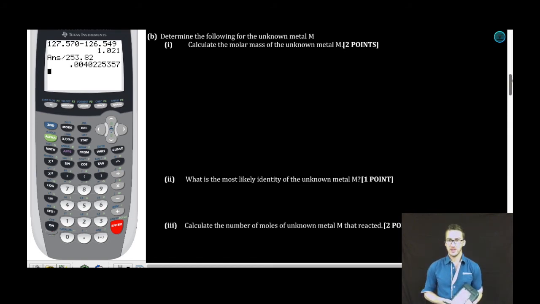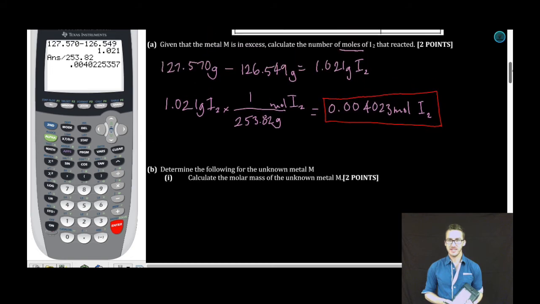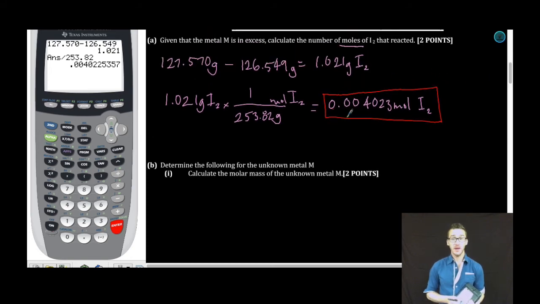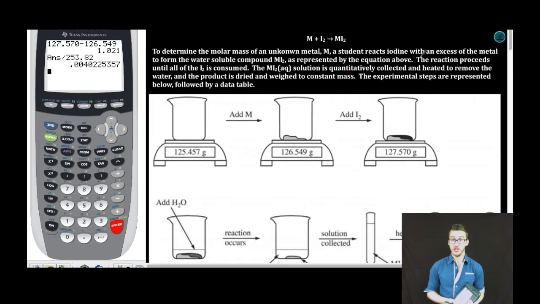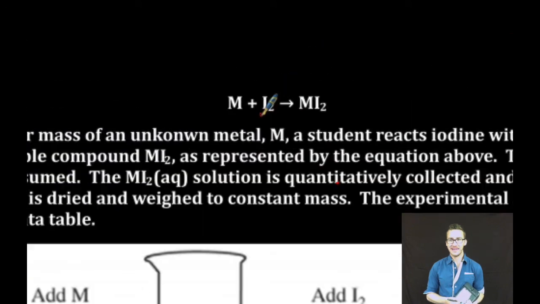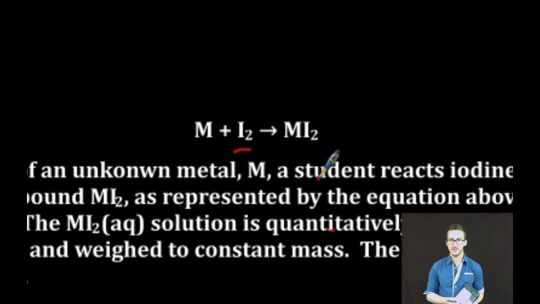All right, now let's go back and think about what we just did in part A. We determined the number of moles of iodine. If we take a look at the equation that we were given initially, the ratio between iodine and the compound formed between iodine and our unknown metal is 1 to 1.